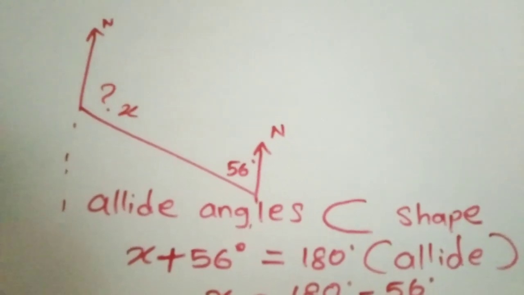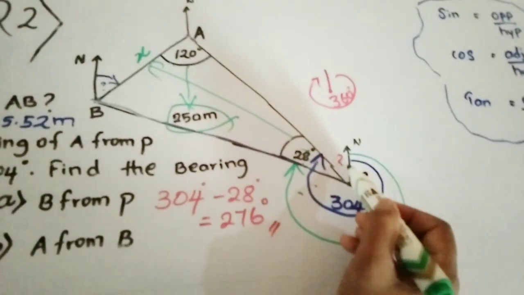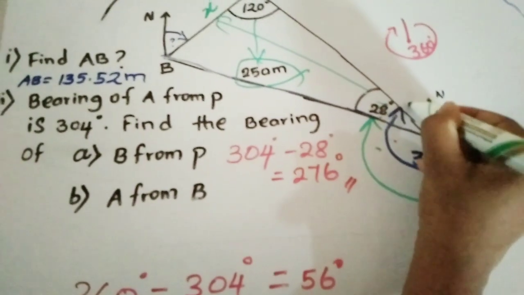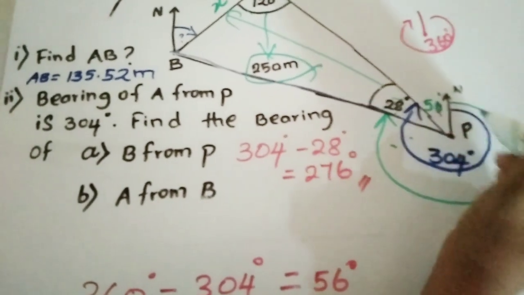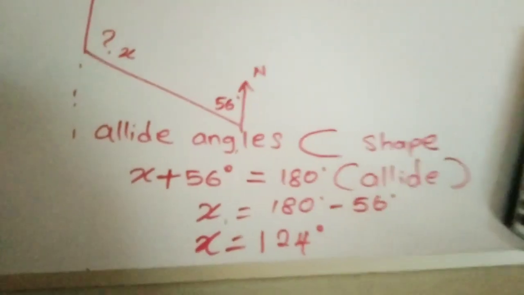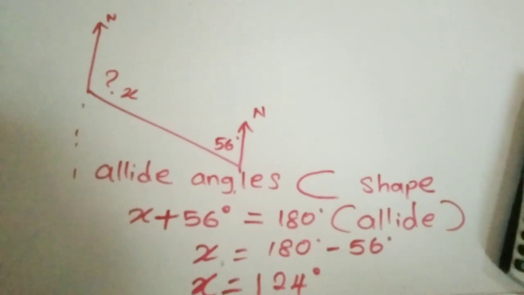We found another unknown angle. It's 56, 360 minus 304. The other one also we found using allied angles. It's 124.